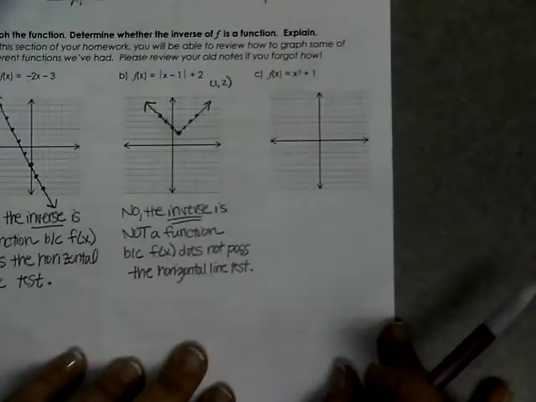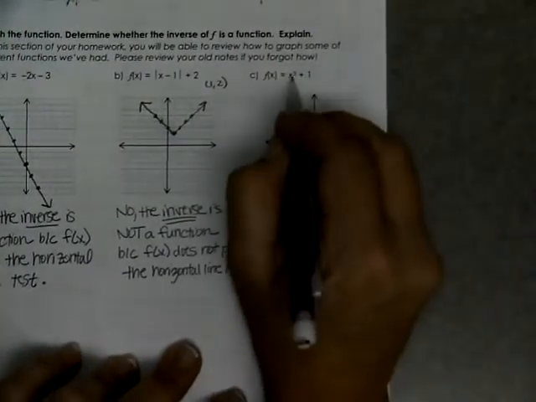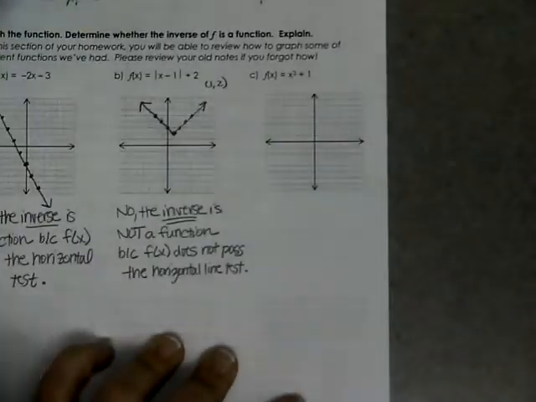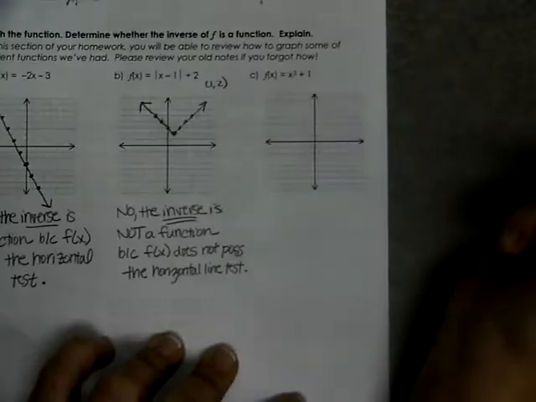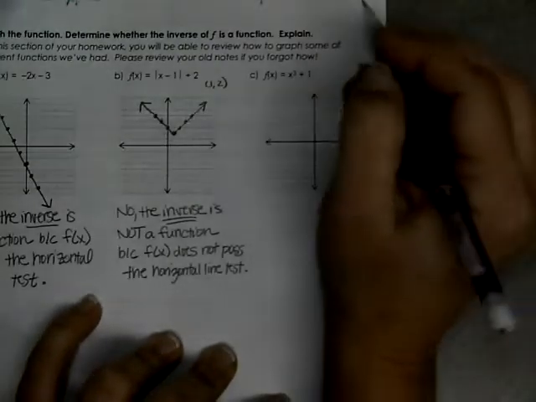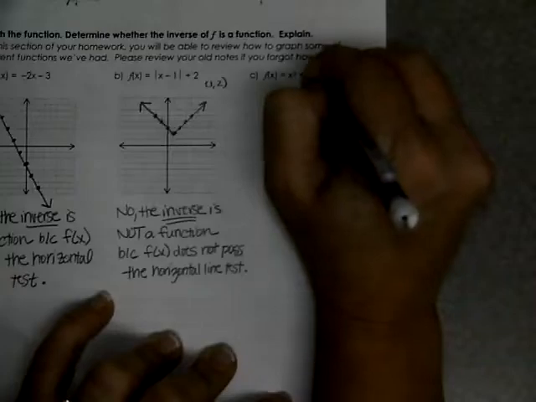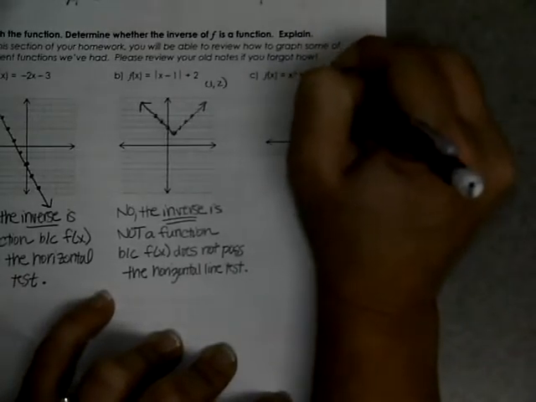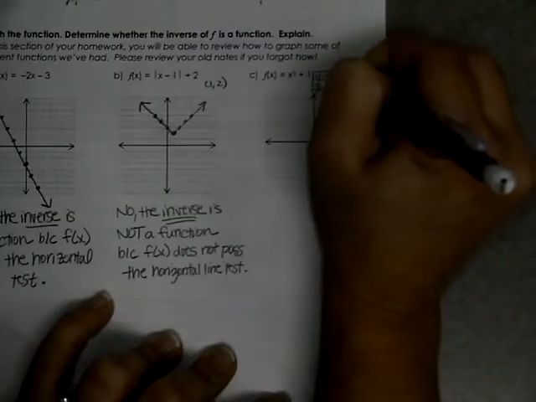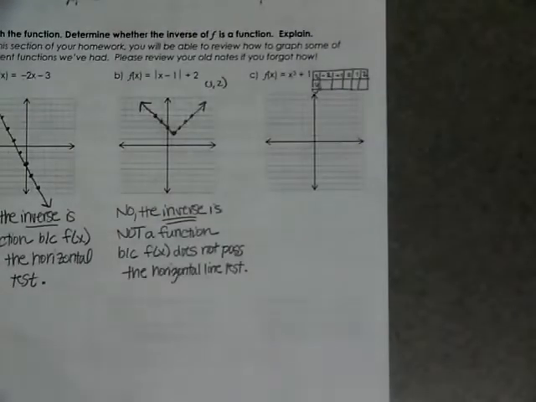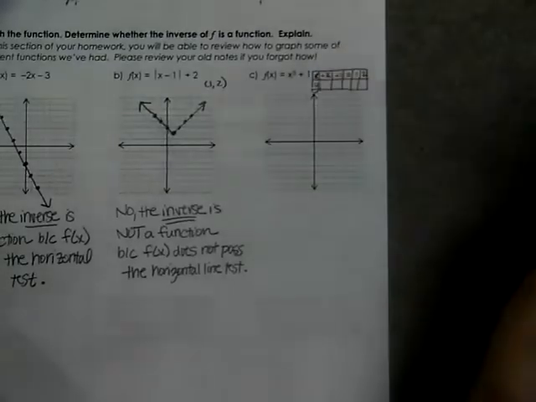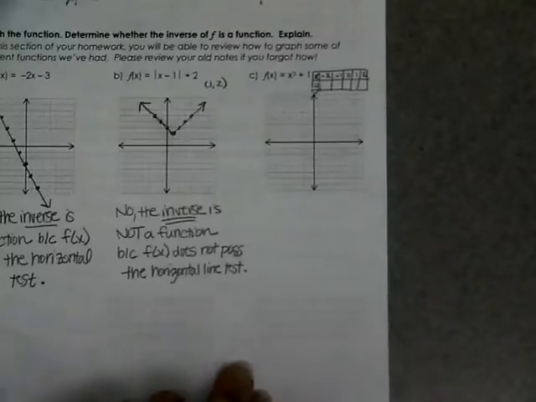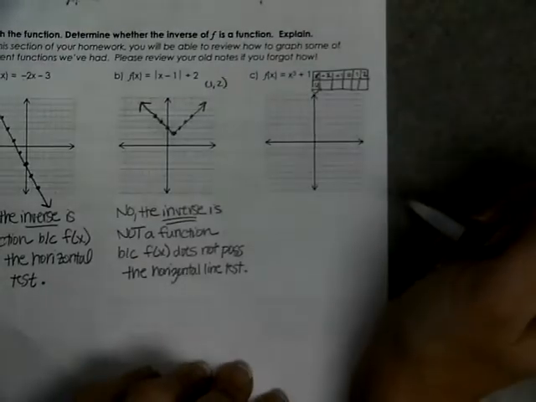F of x equals x cubed plus 1. Well, here's a cubic function. So it's a polynomial function. It is just in standard form. So oftentimes what we do for that is we make a little table. And we use -2, -1, 0, 1, and 2. Since it wasn't in intercept form, in that factored form, we would just use -2, -1, 0, 1, and 2 as our values.